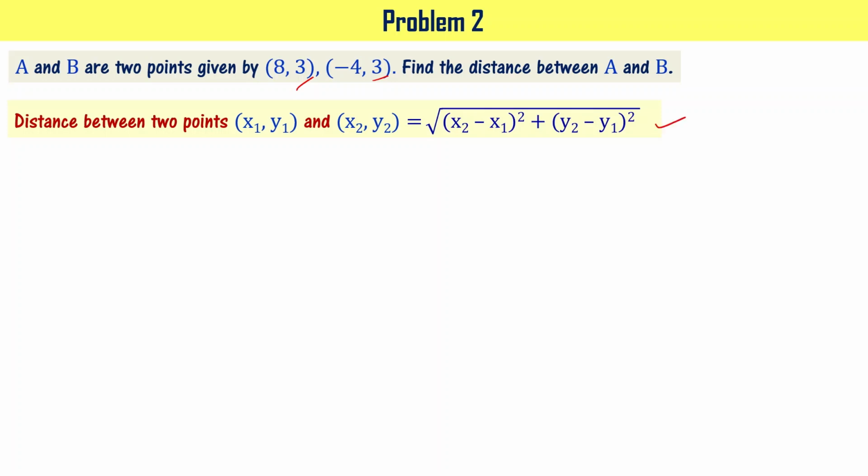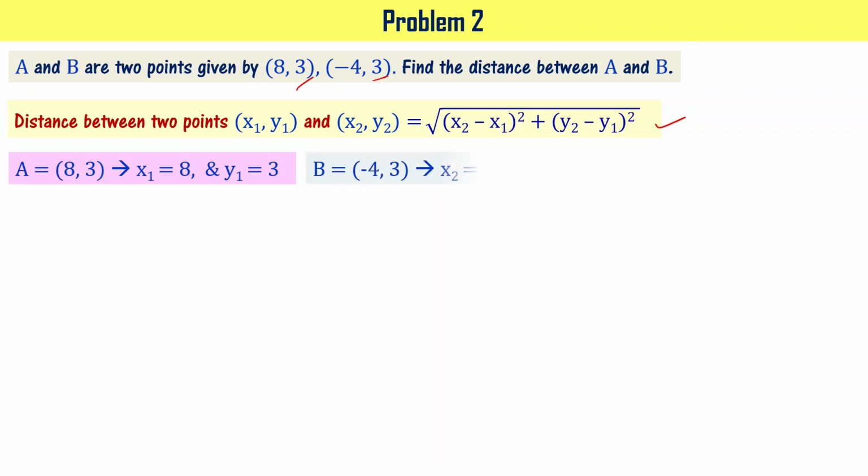Distance between 2 points x1 comma y1 and x2 comma y2 equal to square root of x2 minus x1 whole square plus y2 minus y1 whole square. As you see here, A equal to 8 comma 3, it means x1 equal to 8 and y1 equal to 3, right? B equal to minus 4 comma 3, it means x2 equal to minus 4 and y2 equal to 3.